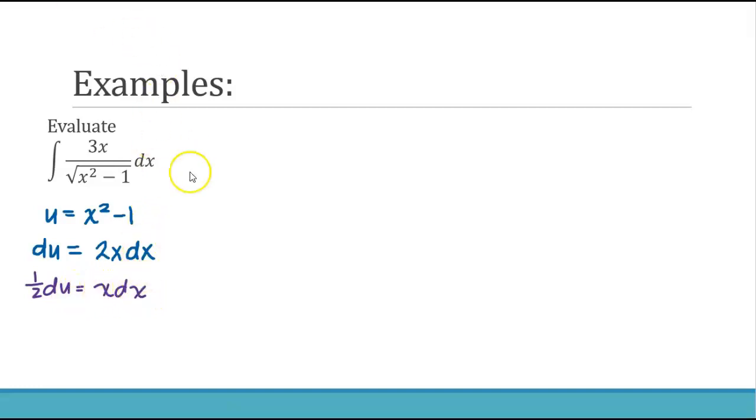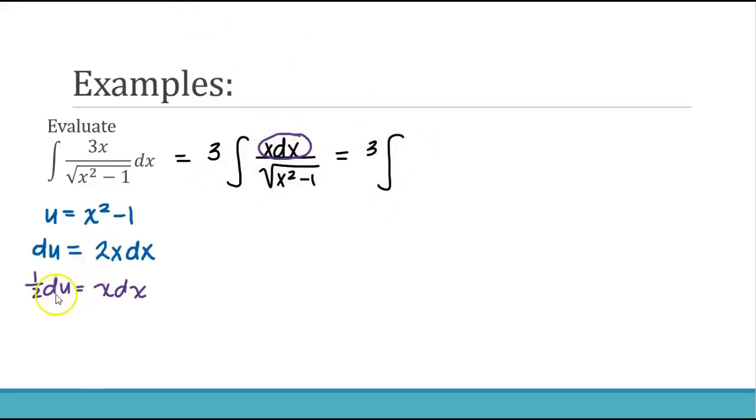And then in my original problem, I'm going to go ahead and take the constant out. Remember, I can take a constant out of an integral, and I'm going to think about this as x dx over radical x squared minus 1. So when I make my substitution, hopefully it'll be pretty clear that x dx, that part right there, is going to get replaced with 1/2 du.